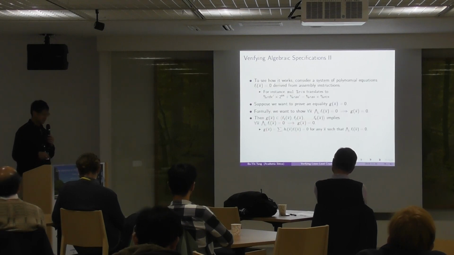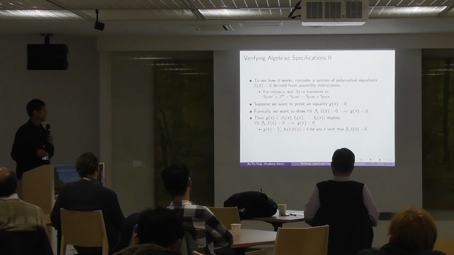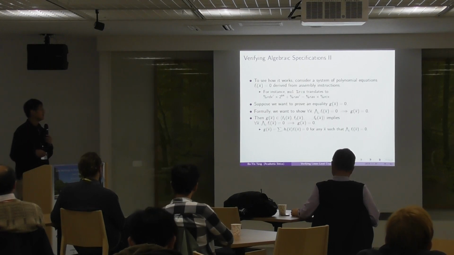For example, a typical complex instruction like mul RCX. What this does is that the new RAX plus 2 to the 64 times RDX is the value of RAX times RCX. So this is the resulting equation that we put in.